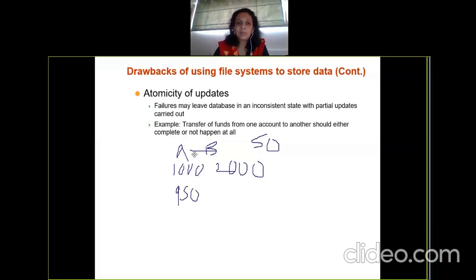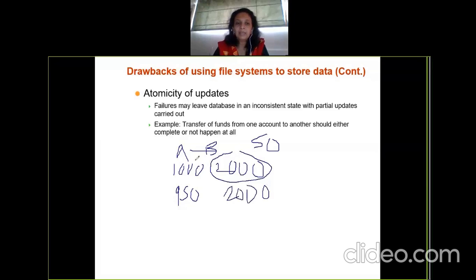And suppose after deducting the value from account A, a failure occurs. Then the 50 rupees are not transferred to account B, so account B remains as it is, 2000.